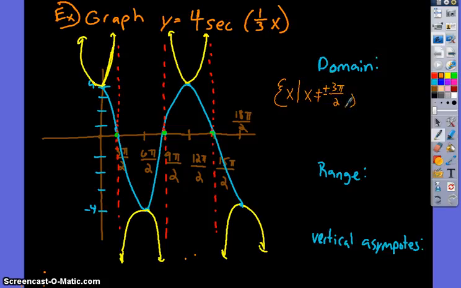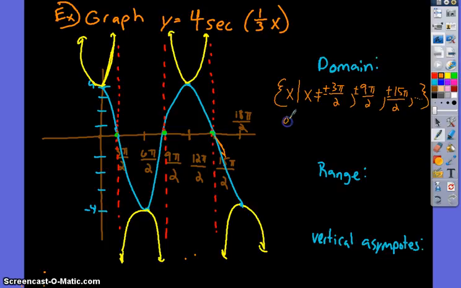The next number would be here, which is 9 pi over 2, also positive and negative. The next number would be 15 pi over 2, which goes to this point, so positive and negative 15 pi over 2, etc.